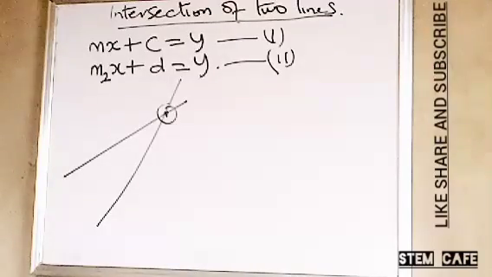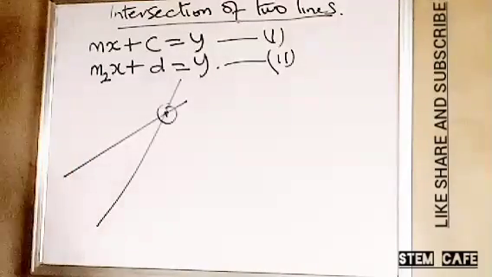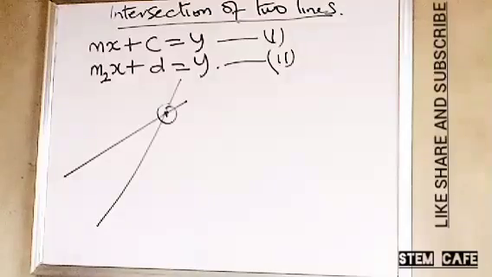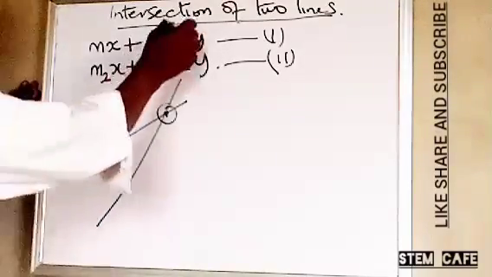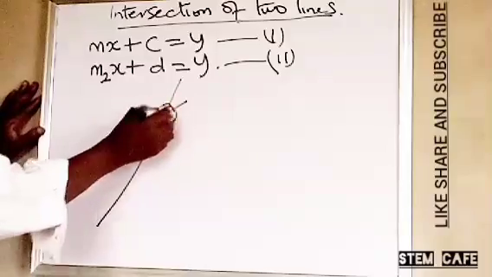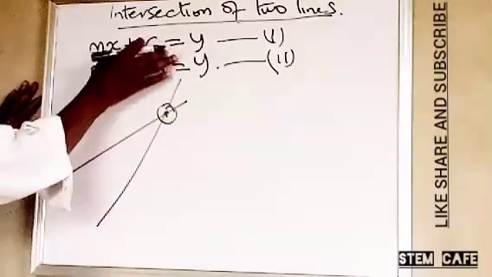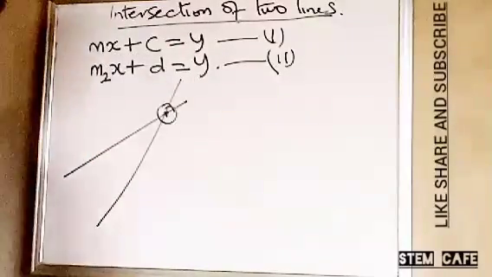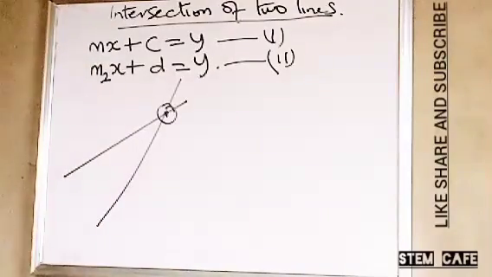You can solve using substitution, elimination, matrices, determinants, whatever format. The point of intersection is the solution to the two simultaneous equations. That's how you solve it.